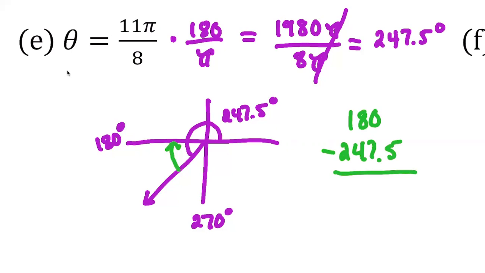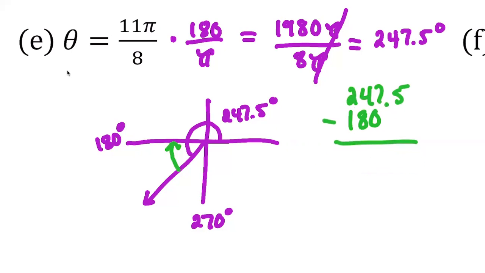Typically we should switch this around, because 180 degrees is less than this, so if I subtract 247.5 minus 180, that's going to end up being 67.5 degrees. And that's going to be my reference angle.